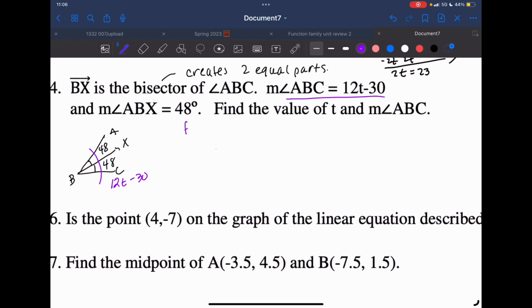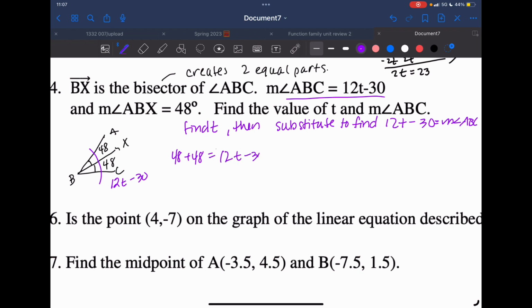So we're going to find t, then substitute to find 12t minus 30 for the measure of angle ABC. So I'm going to say 48 plus 48 equals 12t minus 30.